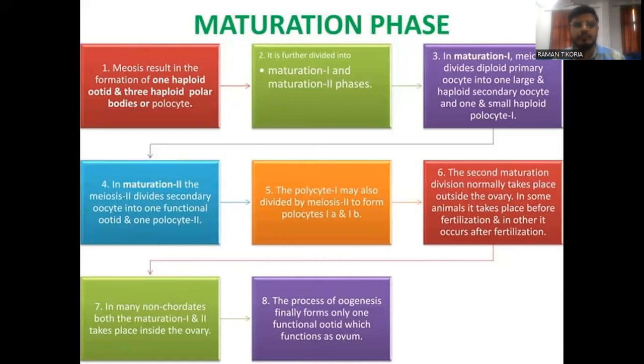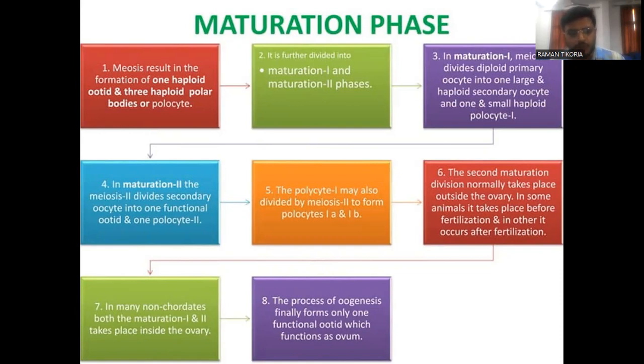Maturation phase. In the maturation phase, meiosis results in the formation of one haploid ootid and three haploid polar bodies, also known as polocytes. It is divided into two phases: maturation 1 and maturation 2. In maturation 1, meiosis 1 divides the diploid primary oocyte into one large haploid secondary oocyte and one haploid polar body.